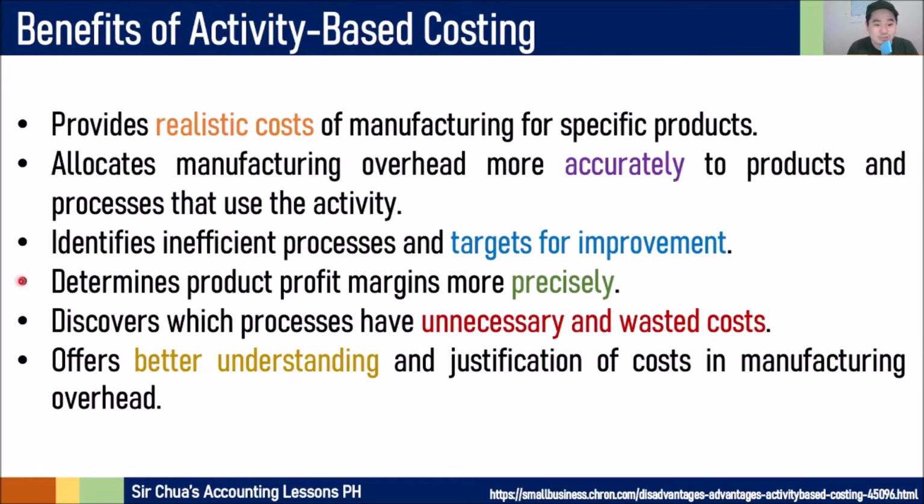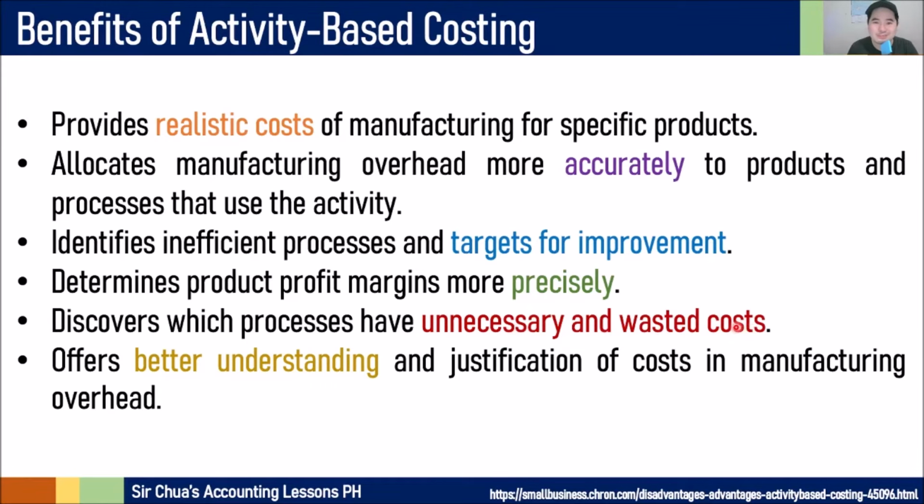And you can also use it in pricing decisions. So, later on, you can also use it for the determination of product margins because your cost information is precise. You can say now also that your determination of profit margins later on will also be precise. It discovers which processes has unnecessary and wasted cost.